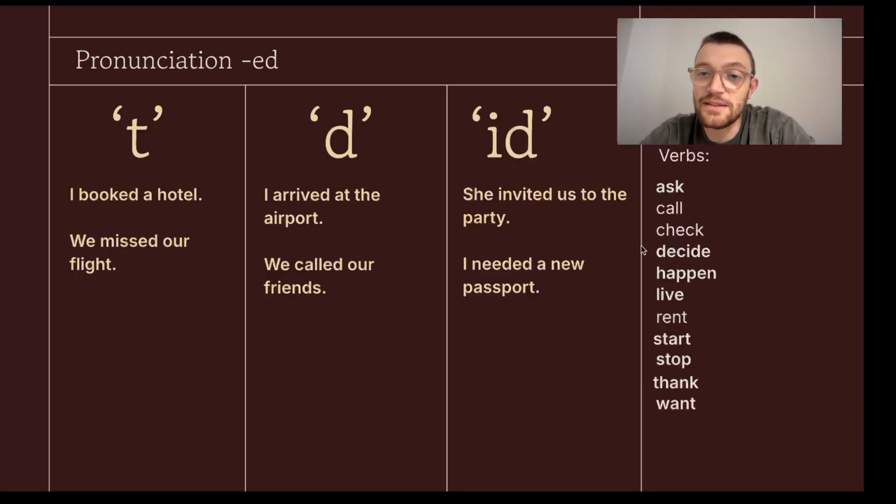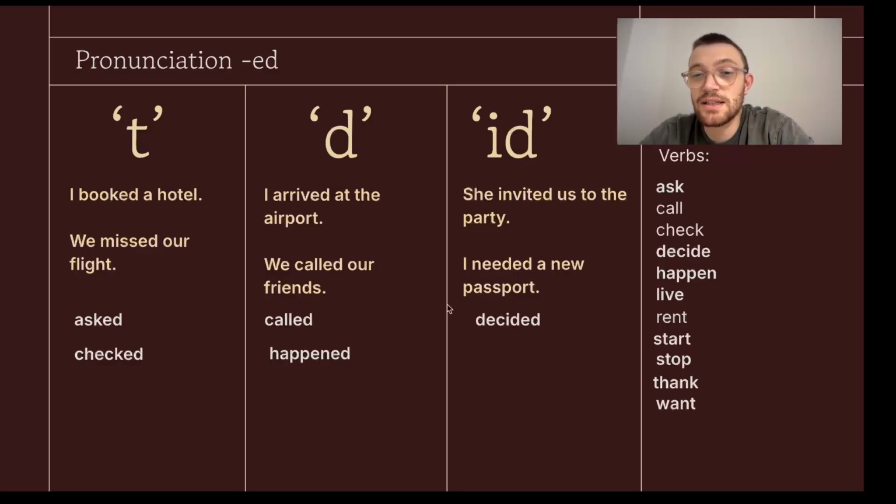Now, have a look at these verbs and see which category you think they fit in. Ask becomes asked. Call becomes called. Check, checked. Decide, decided. Happen, happened. Live, lived.